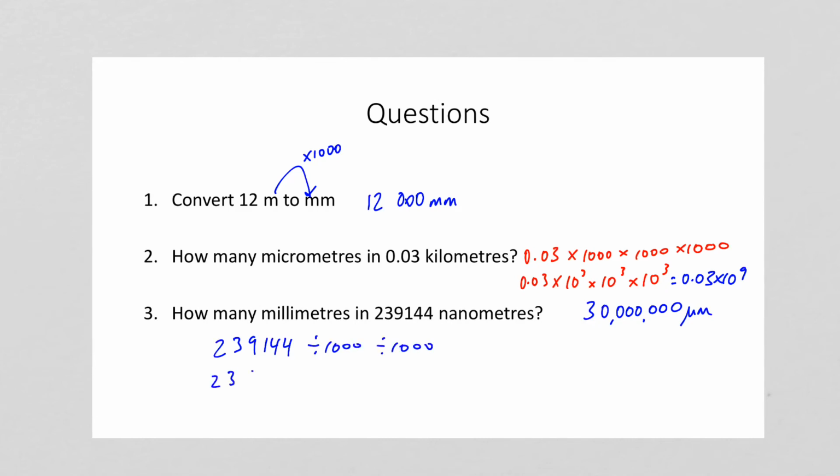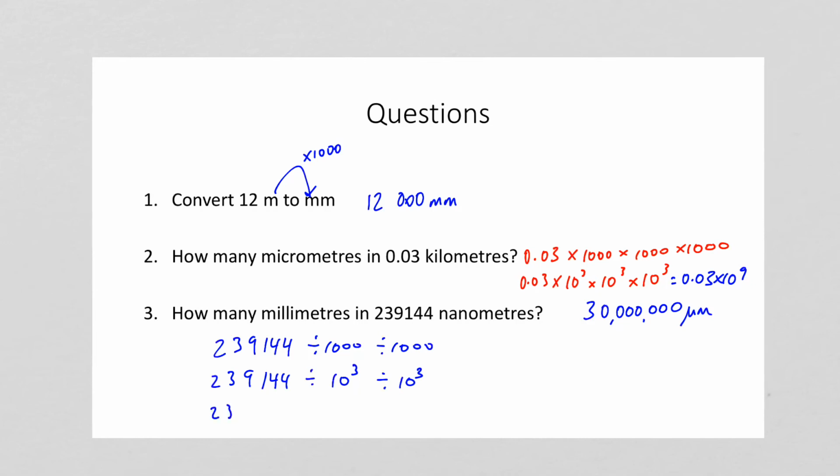We can also write that as 239,144 divided by 10 to the power 3 divided by 10 to the power 3. Dividing by 10 to the power 3 is the same as multiplying by 10 to the minus 3.